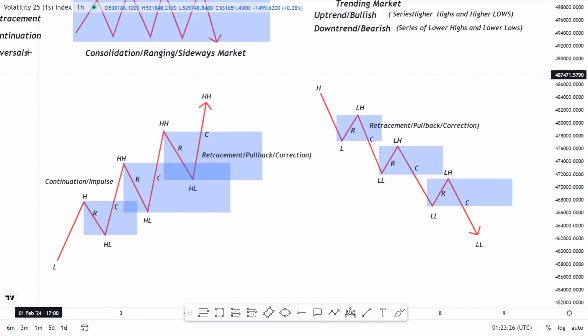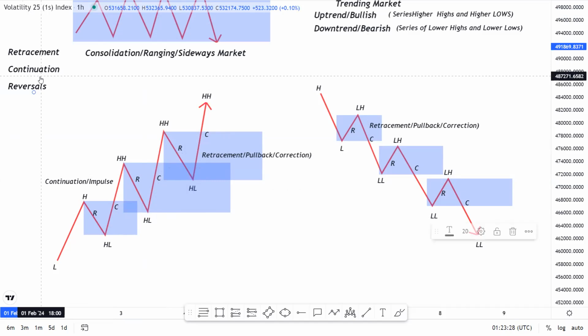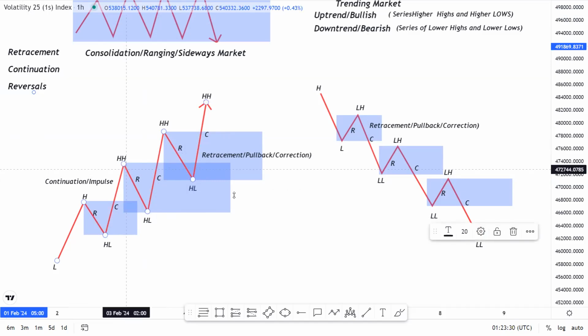Now there is a third important concept, which is the reversal. A reversal is a complete change in the market's overall direction. It's a complete change in the market's overall direction.